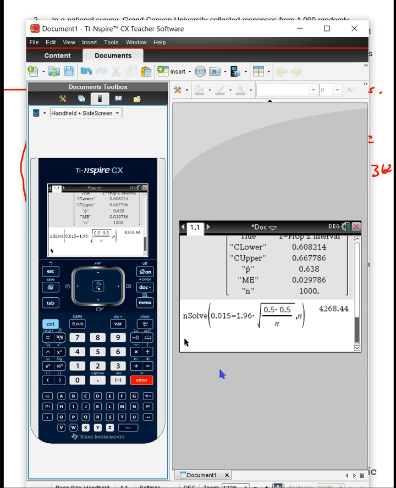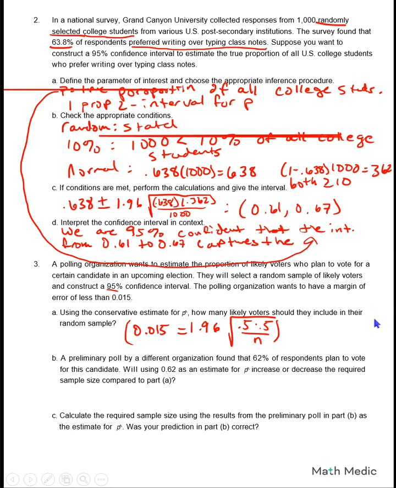So 4268.44, we always round up, so 4269. So n would need to be 4269.